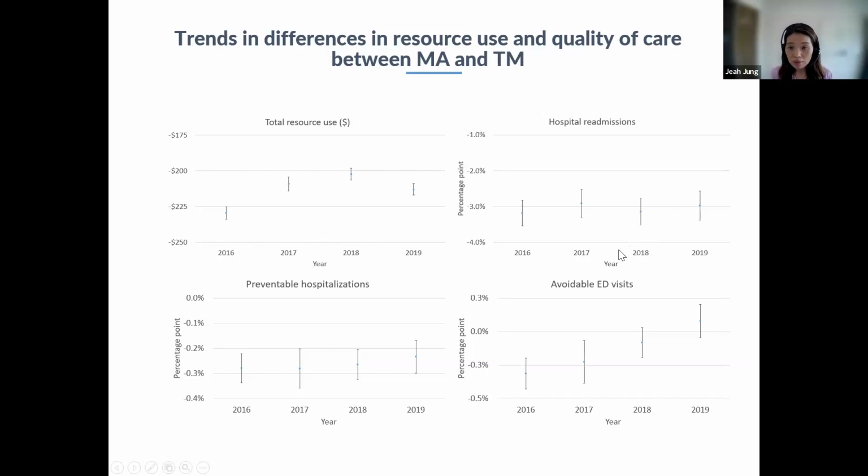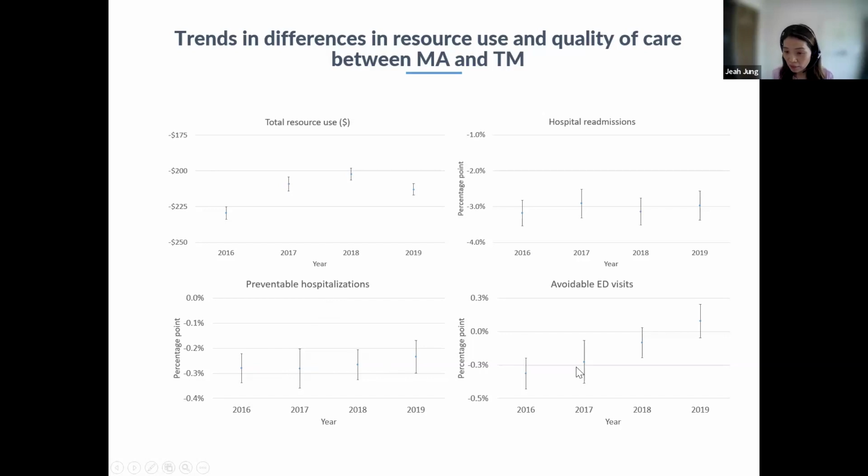And quality of care measures. For hospital readmissions, again, MA enrollees had fewer hospital readmissions, about a 3 percentage point difference, and it's pretty similar across all years. MA enrollees also had fewer preventable hospitalizations, and it's pretty similar across years.